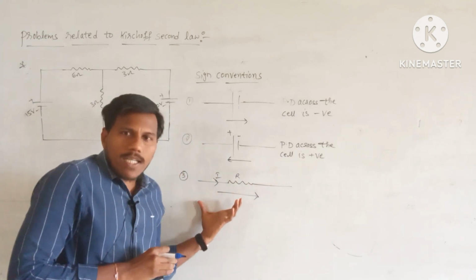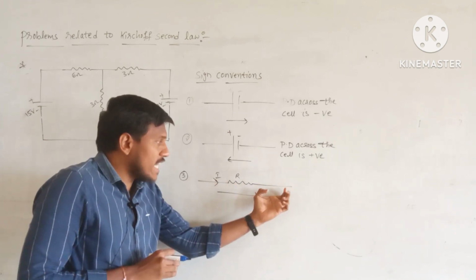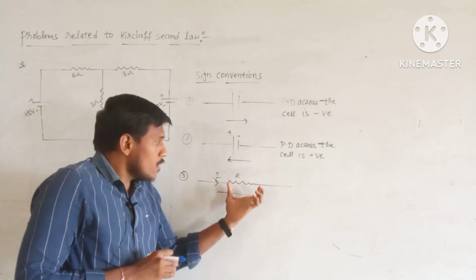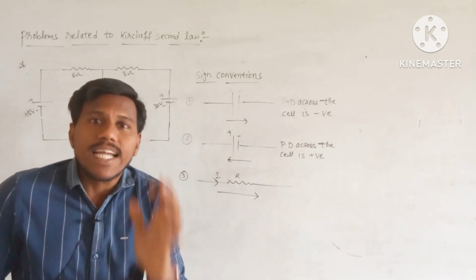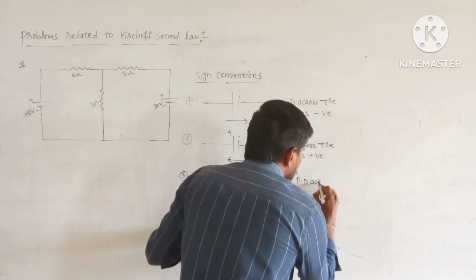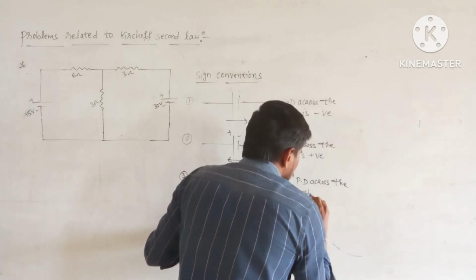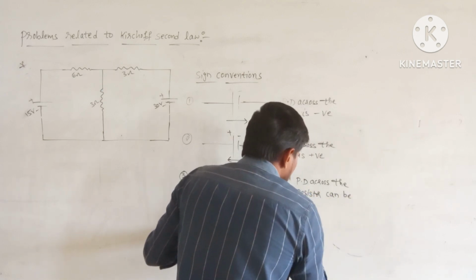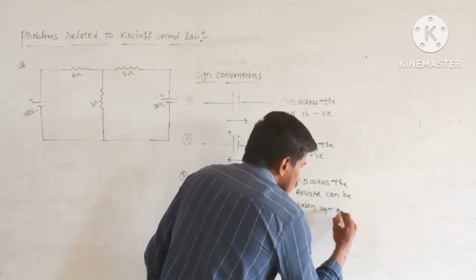So come to the third one. When we move in the direction of current which passes through the resistor, that time the potential difference across the resistor can be taken as negative.